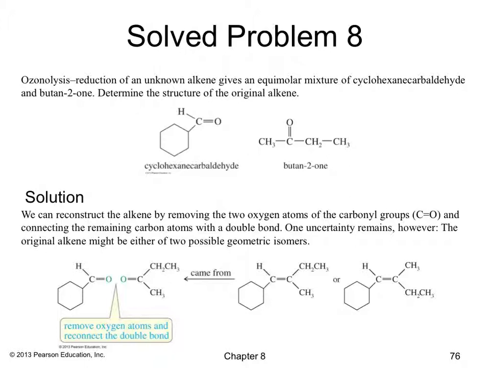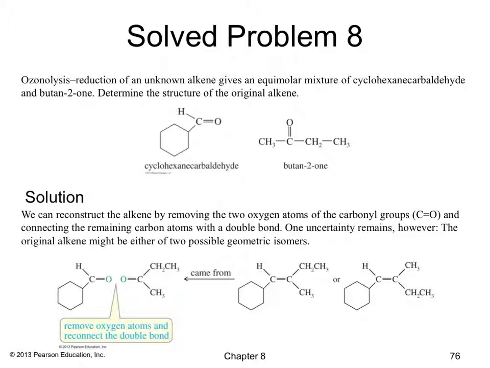Ozonolysis with reduction of an unknown alkene gives an equimolar mixture of cyclohexanecarbaldehyde and butan-2-one. So if you drew that out, these would be what you draw. Now you want to draw them in a way where you position the carbonyl parts so that the oxygens are facing each other.